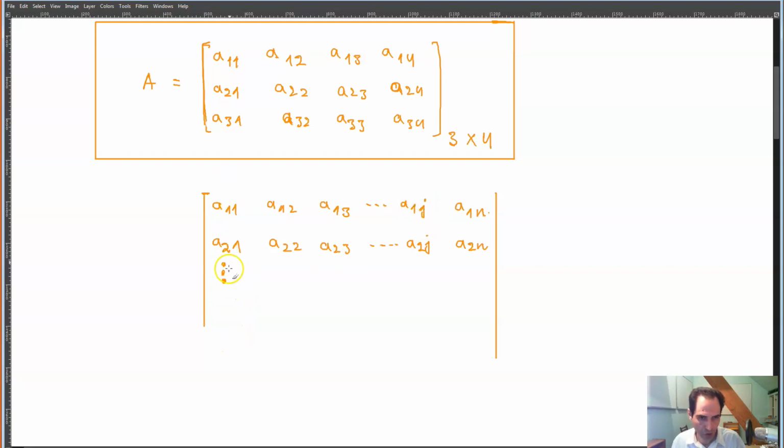Over here you reach the row i, meaning that you have A of i1, for example, A of i2, A of i3, and over here you will get to A of ij, and over here you will get to A of in, right? And of course you can keep going in this direction, and so on and so forth.